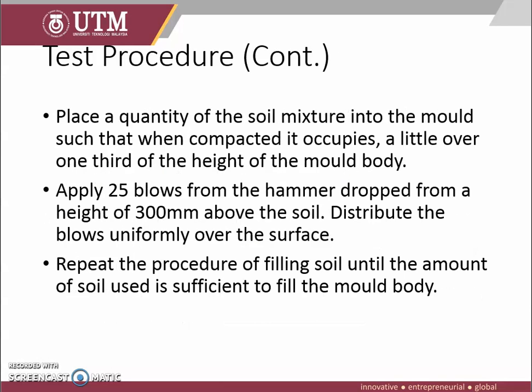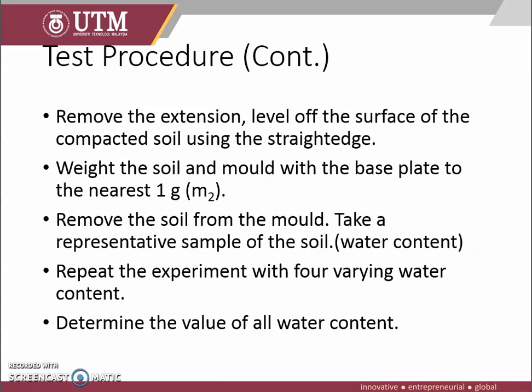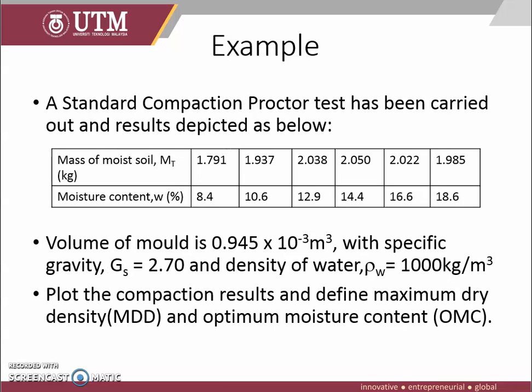And I believe you already learned how to conduct the test, and this is an example of the results that we have. Here we have the mass of the moist soil for samples 1, 2, 3, 4, 5 and 6, together with the moisture content.